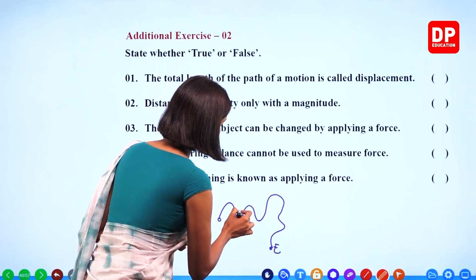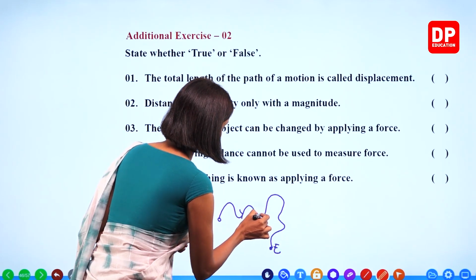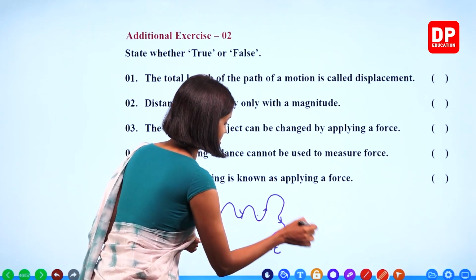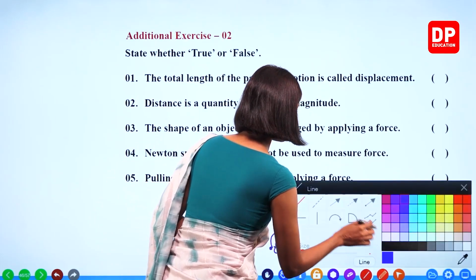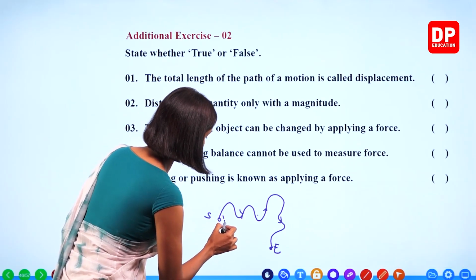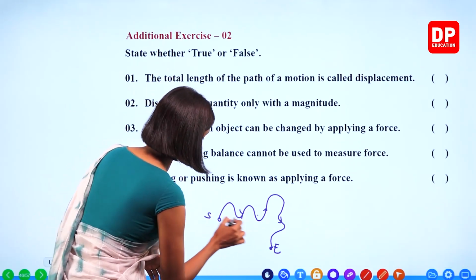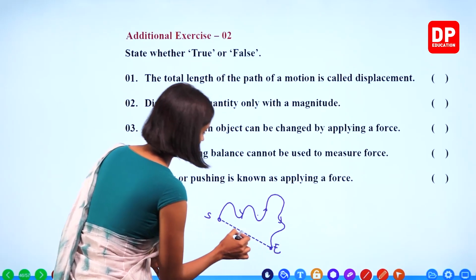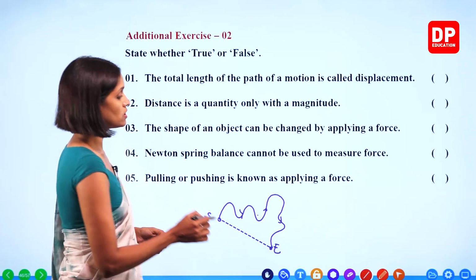So we always call this total length traveled as distance, and when we consider the shortest possible distance or the linear length between the start and the end, this is called the displacement.